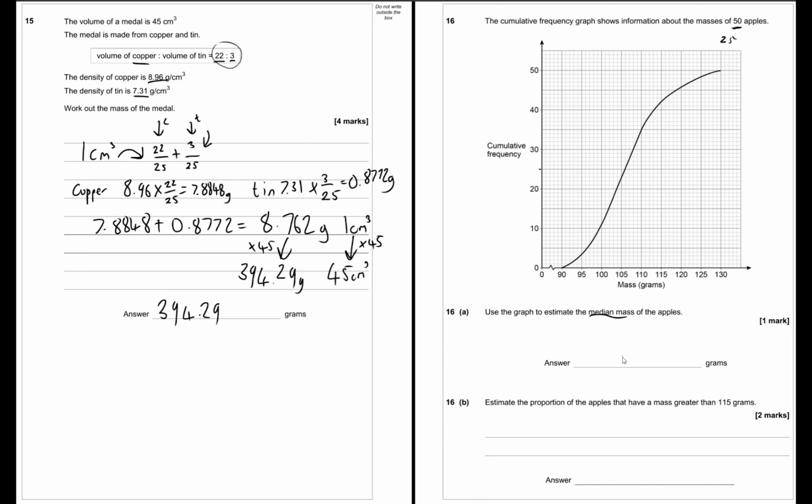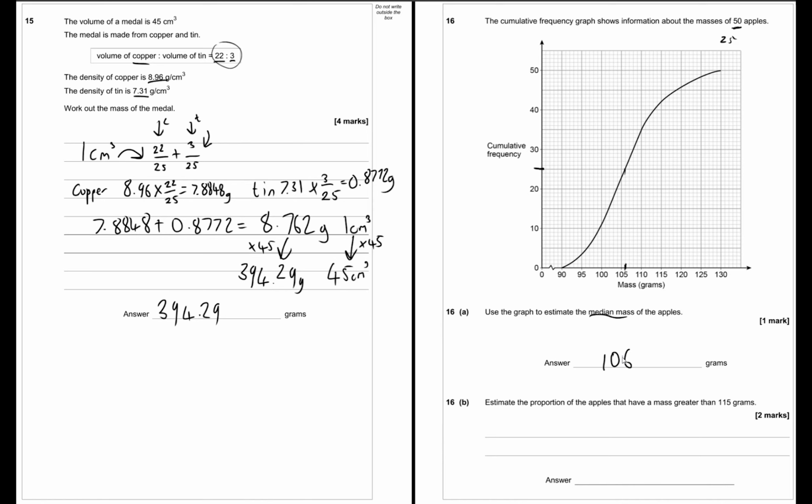So the 25th apple is here. So go across the graph till you get to this point and then go down, and you can see it is exactly here, which is 106 grams.